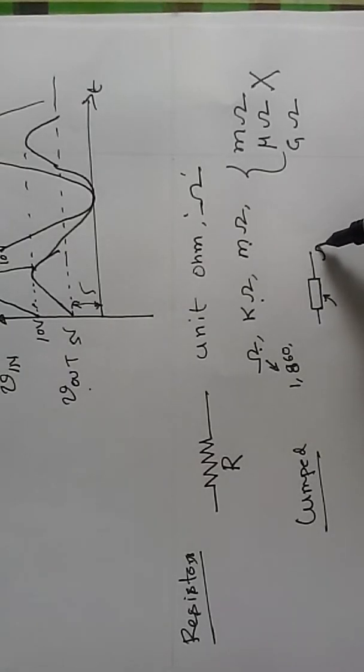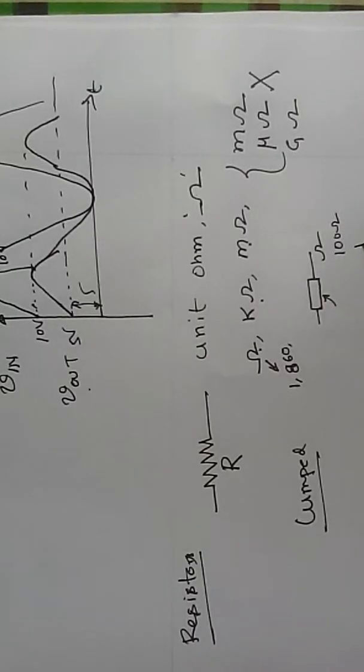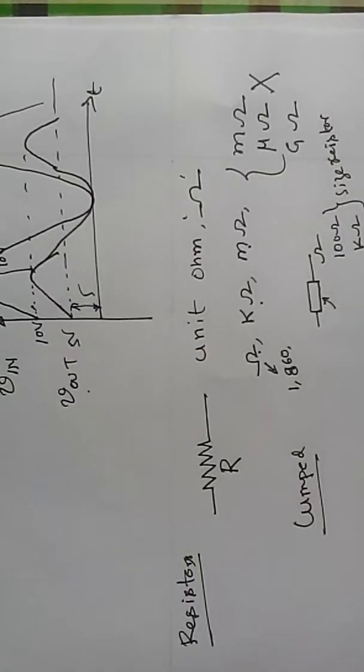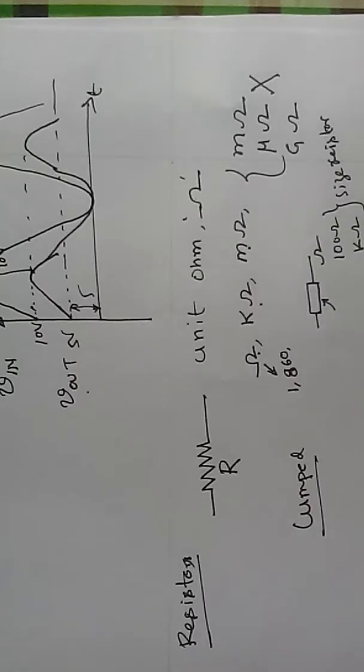Whether it is a few ohms, hundreds of ohms, kilo ohms or mega ohms of resistance, the size of the resistor remains almost the same. This is a very important observation.